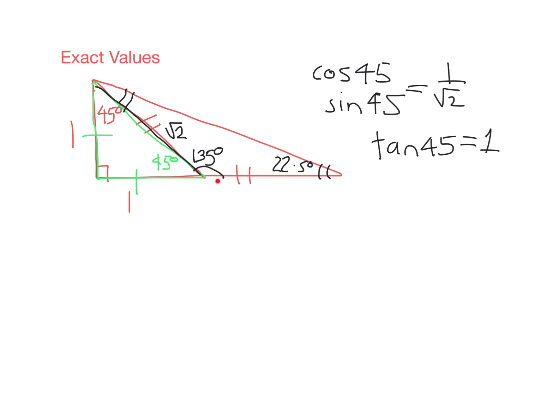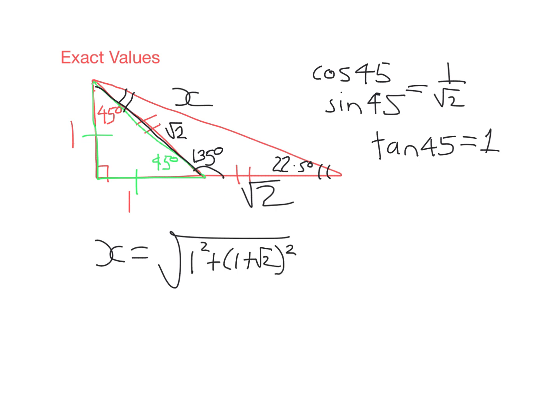Now we know this side here is the same as that one, so it must be the square root of 2. So what will be this side here, x? Well, we can just use Pythagoras. It'll be the square root of shorter side squared plus shorter side squared. So let's go ahead and we'll leave the 1 squared alone. We'll expand this bracket here.